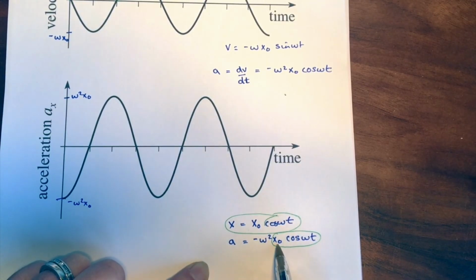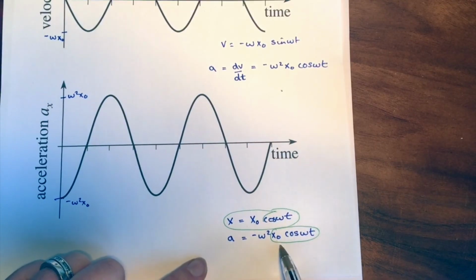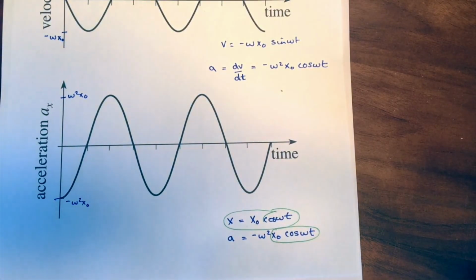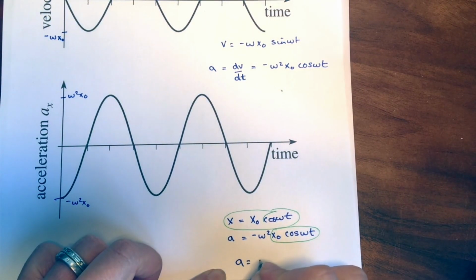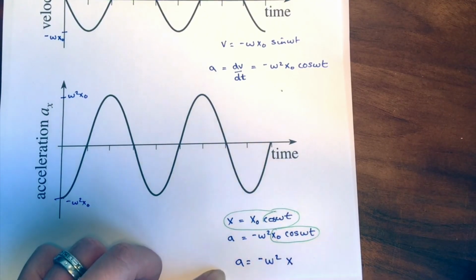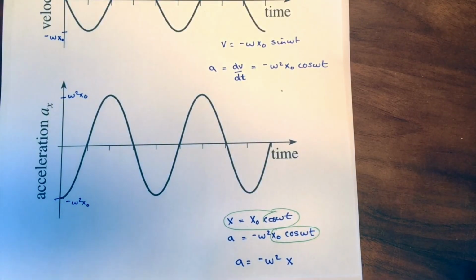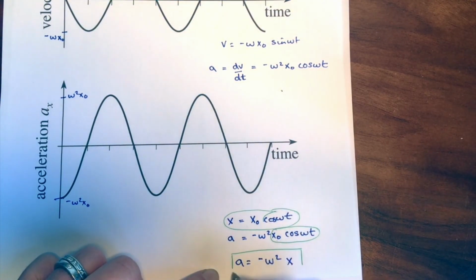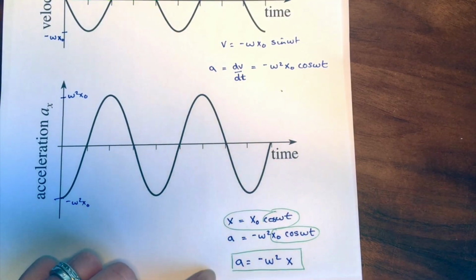So instead of x naught cos omega t here, we could put x. So we can see this equation is a equals minus omega squared x. And I'm hoping that you recognise this equation, because this is the defining equation of SHM.